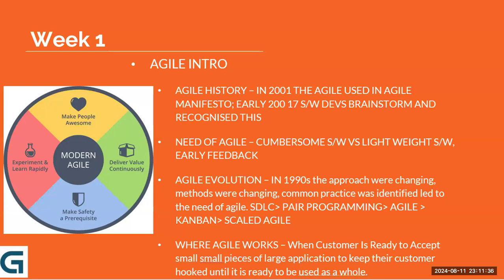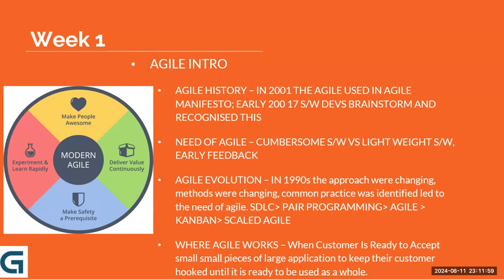So basically, these are all the methodologies. Because the earlier development model was non-transparent, non-effective, not speedy, and not customer-centric, the need of Agile came in. And SDLC stands for Software Development Life Cycle.